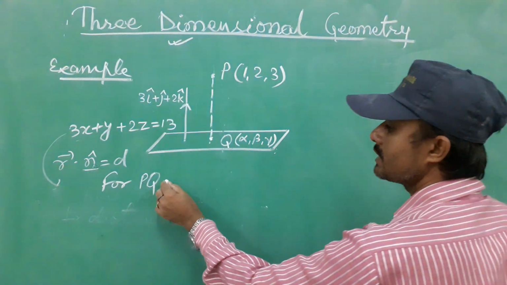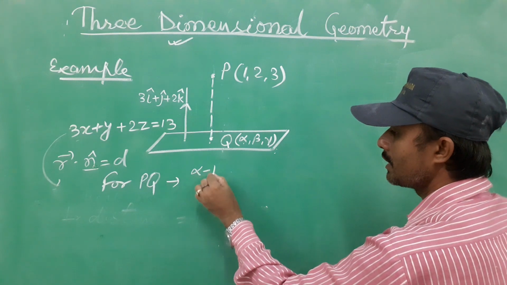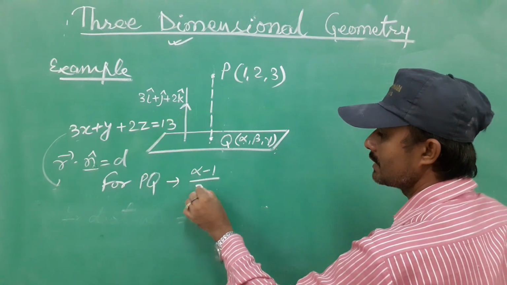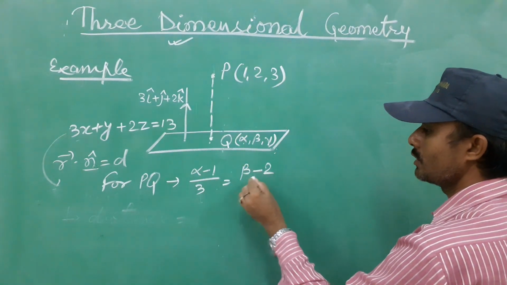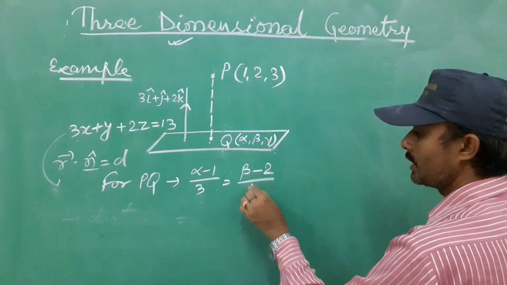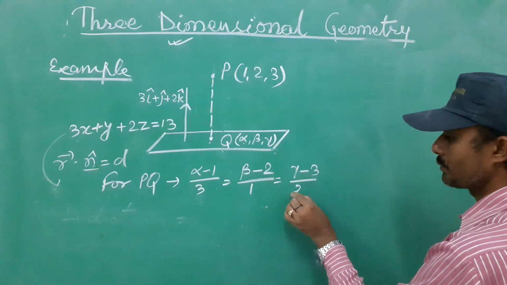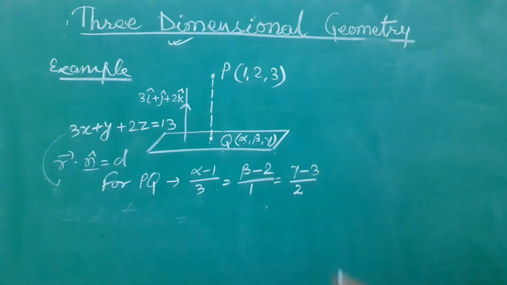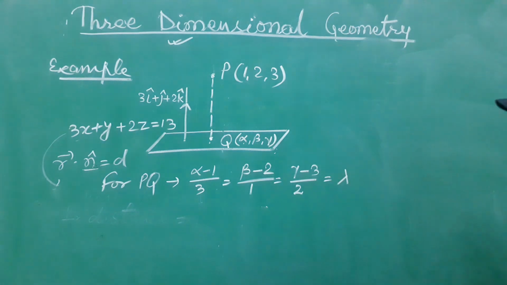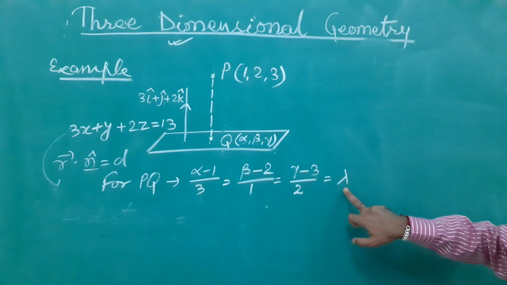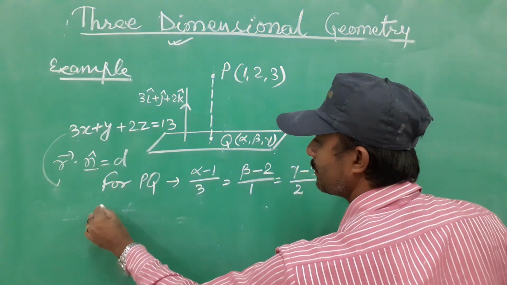Directly I am writing in Cartesian form: alpha minus 1 by the direction 3 equals beta minus 2 by the direction 1 and gamma minus 3 by 2. This is for PQ, and the same thing we consider as the constant lambda. You can use any constant in place of lambda, mu also. So from here we have the value of lambda.